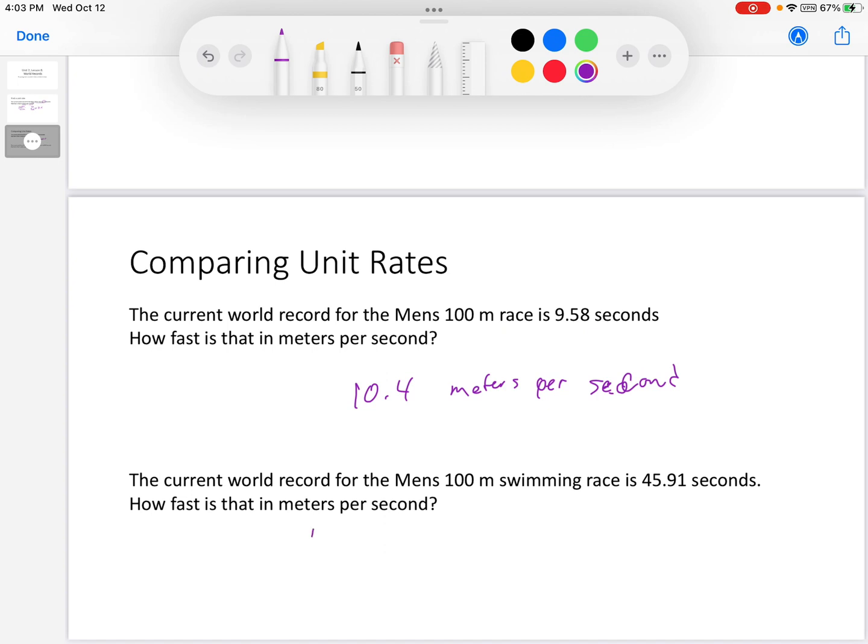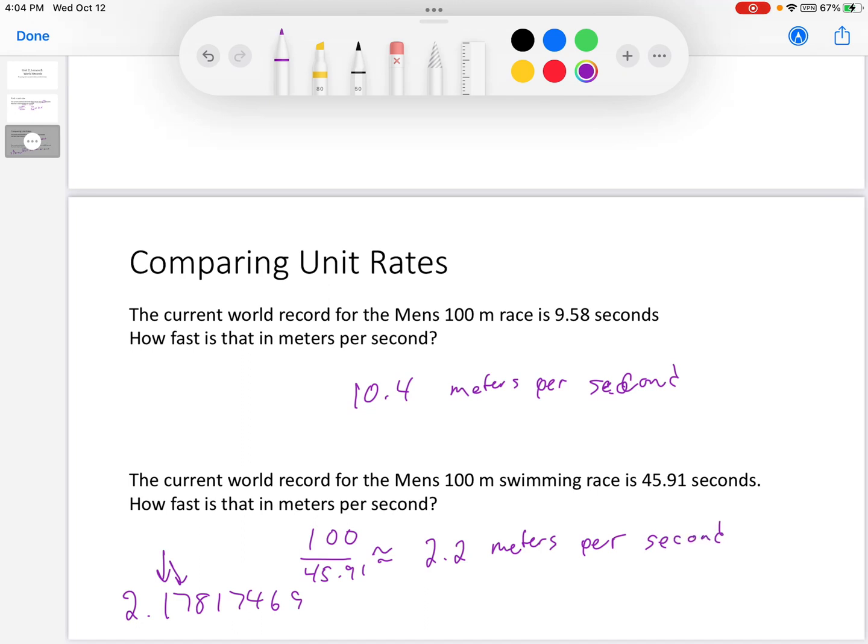And now we'll do 100, because it's meters, divided by 45.91. 100 divided by 45.91 comes out to 2.1781749. So I'm rounding to the tenths place. The 7 is next to it. That's more than 5, so it is approximately 2.2 meters per second.